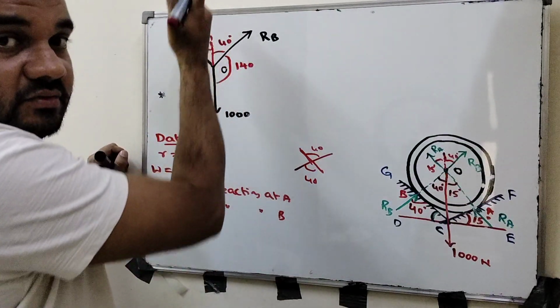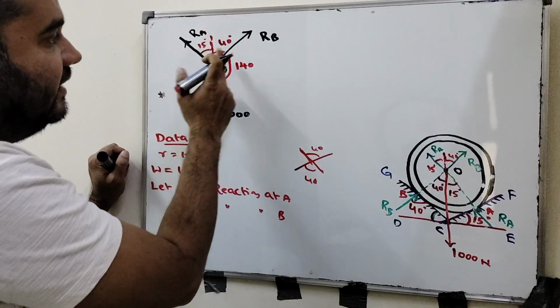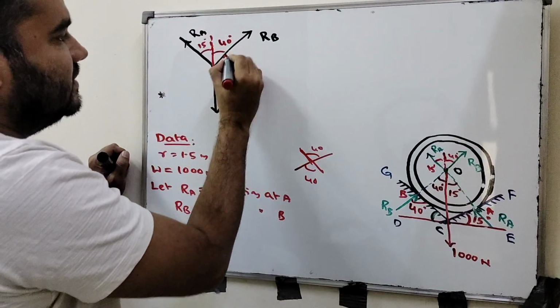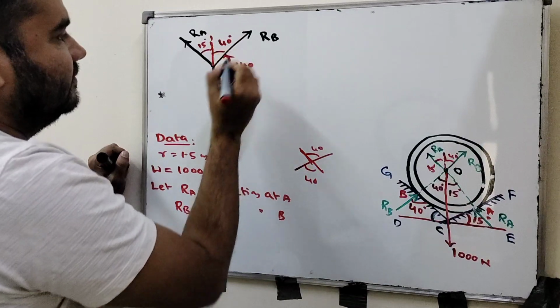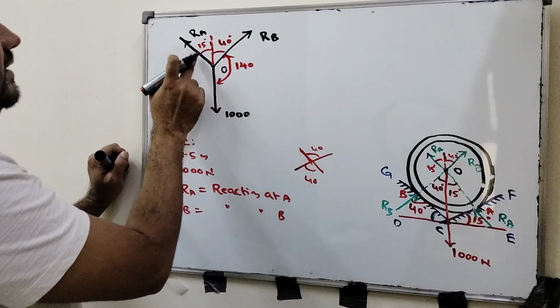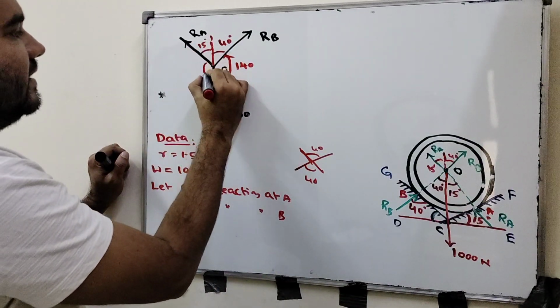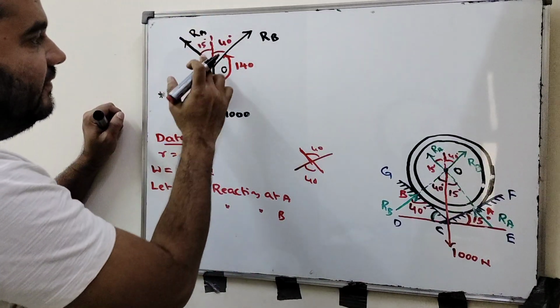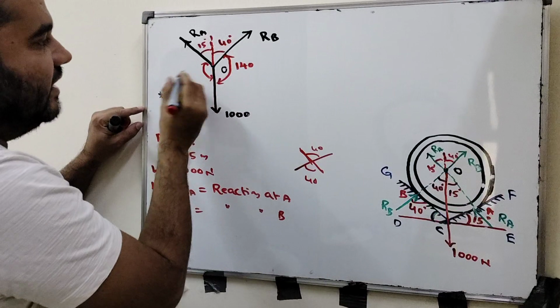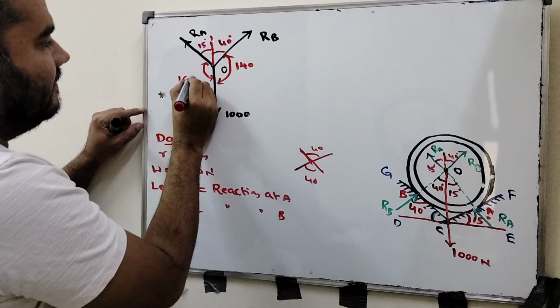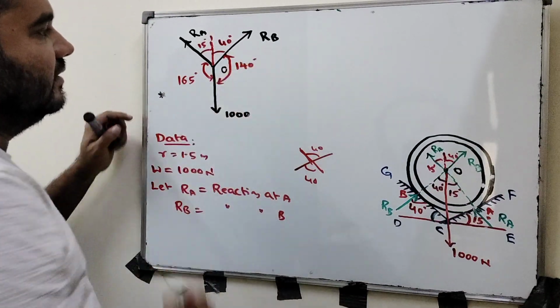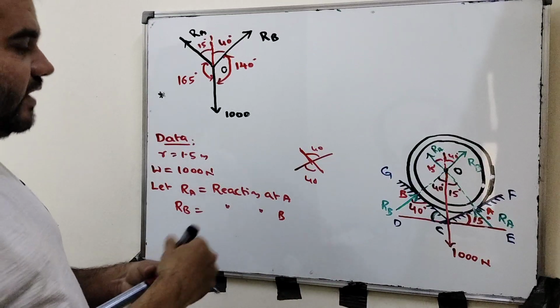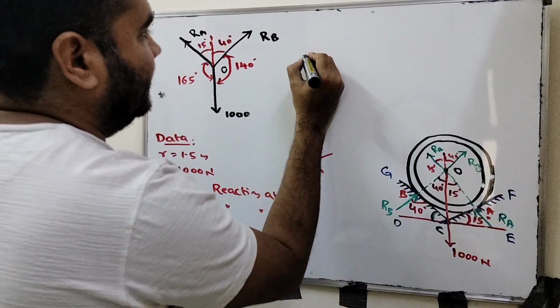This angle is 140. If this is 15, how about this angle here? 180 minus 15 is 165. 165 degree.